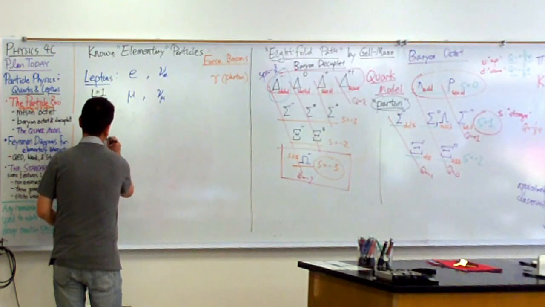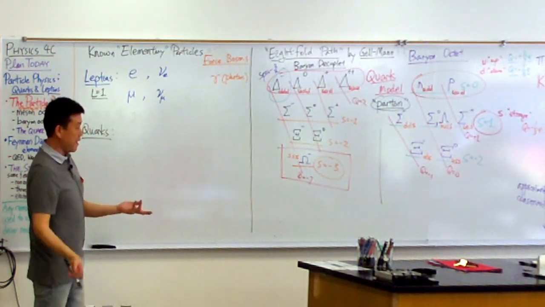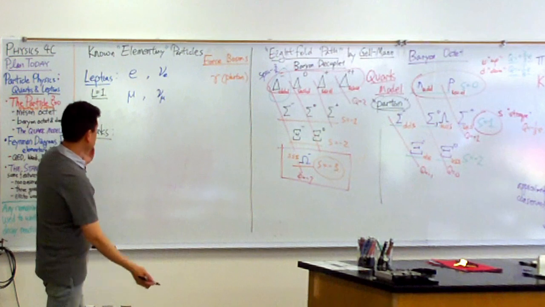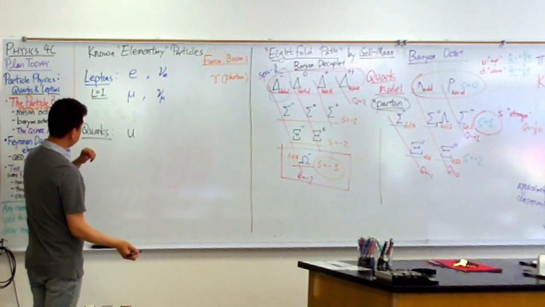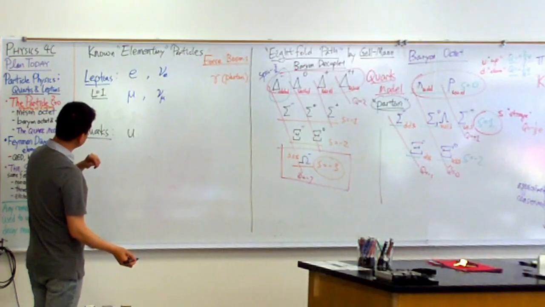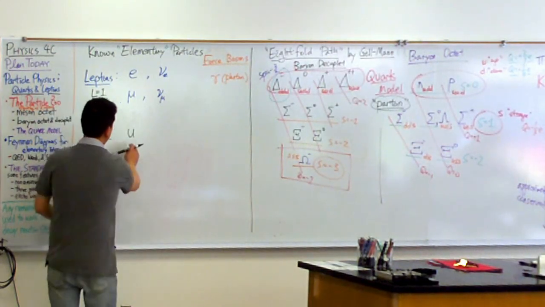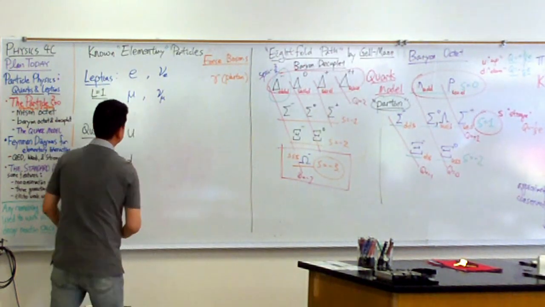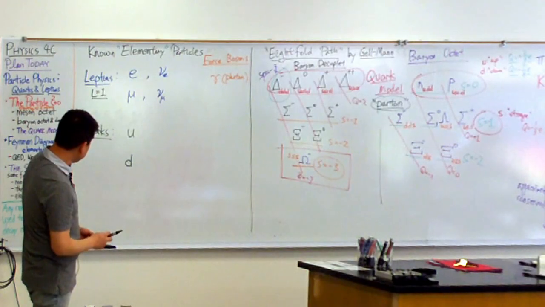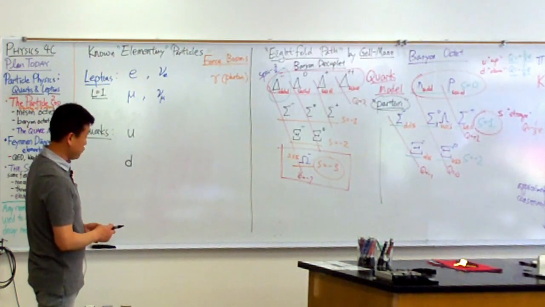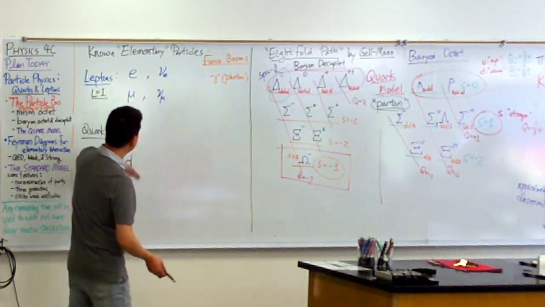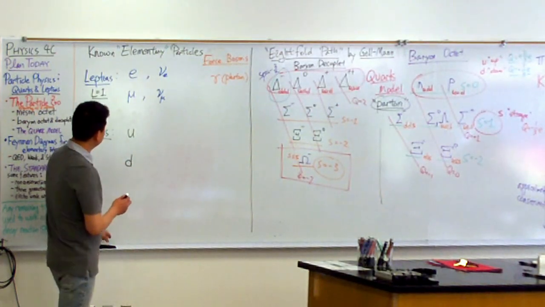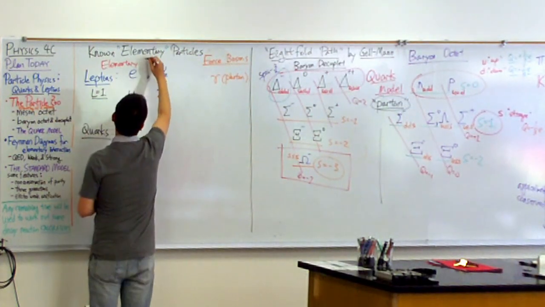If you believe in the idea of quarks, then there's an up quark, that has, oh, I think I did it in the wrong order. That's fine. I have up quark and down quark. And each of these particles has properties you can associate with them, which is kind of how they are arranged. So they are all elementary fermions.